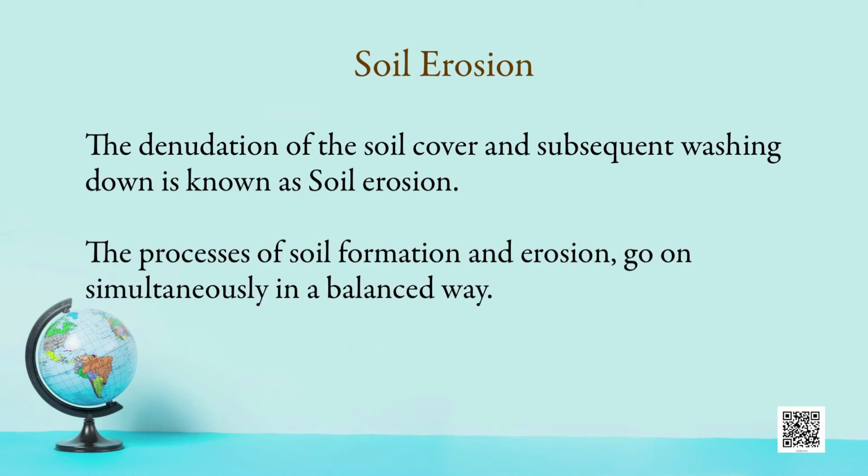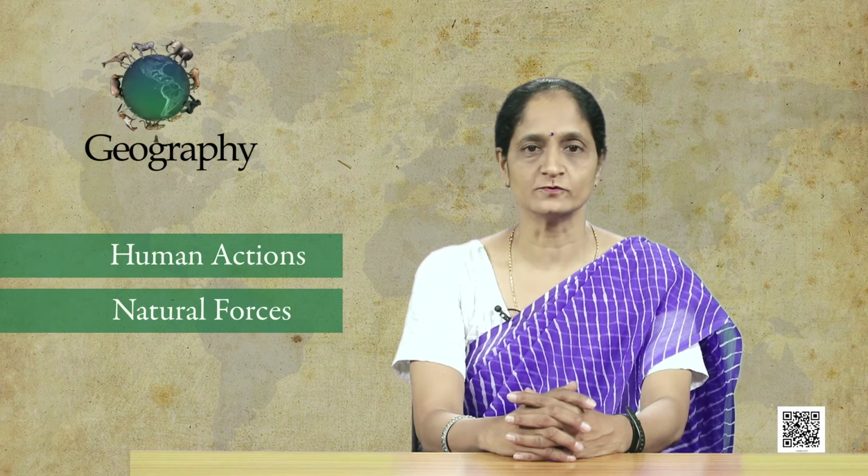The process of soil formation and erosion go on simultaneously in a balanced way. However, this balance sometimes is disturbed due to human actions like deforestation, overgrazing, construction, and mining. Natural forces like wind, glacier, and water lead to erosion.